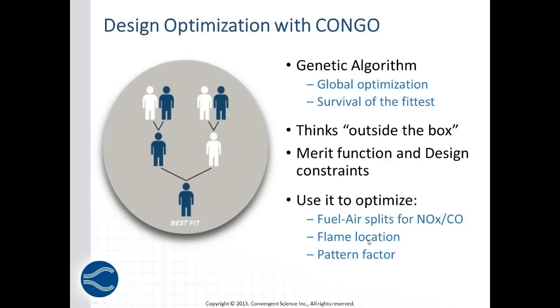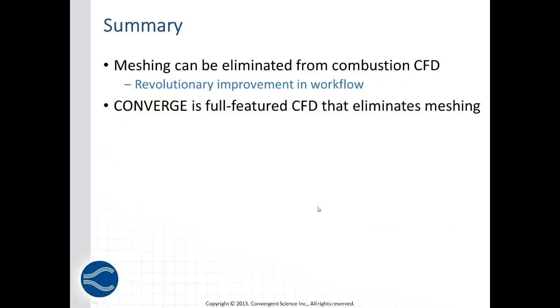Perhaps you want to try to get flame location at a certain point. And then pattern factor, the exit temperature factor that you see, the ability to move holes or jets or cooling strips and things like that in CONVERGE can be very powerful, used with CONGO to let the computer think of what the best design is and do that optimization.